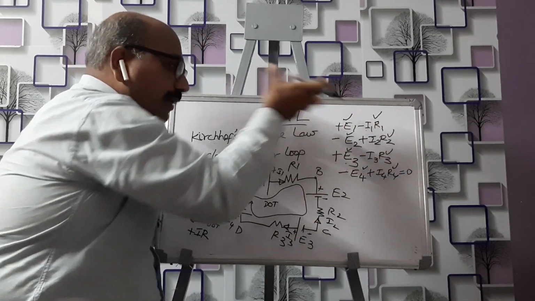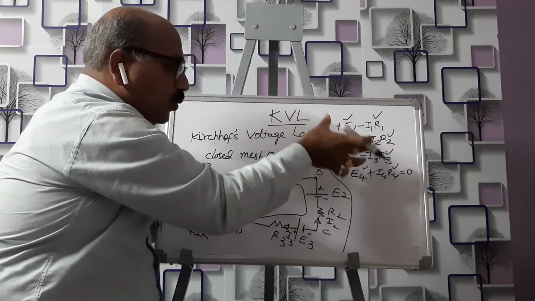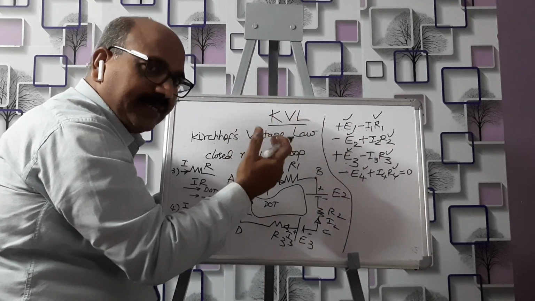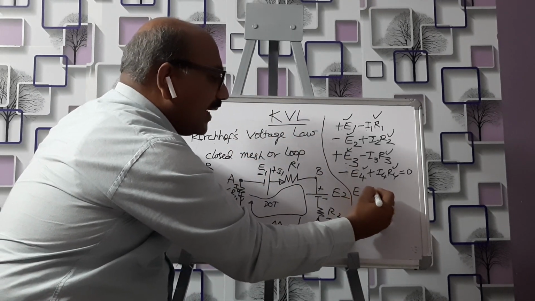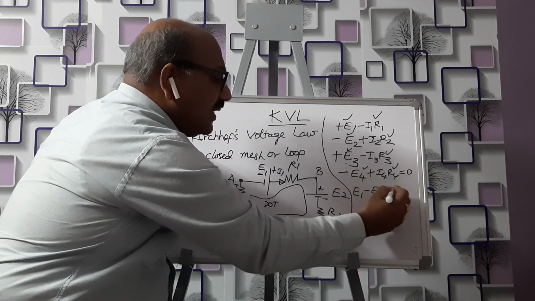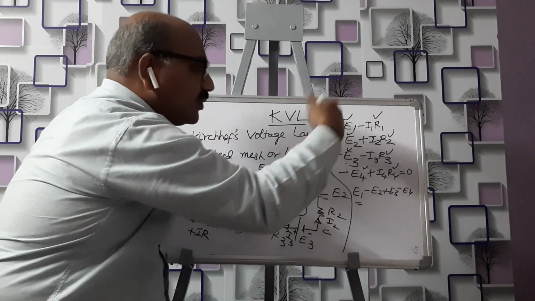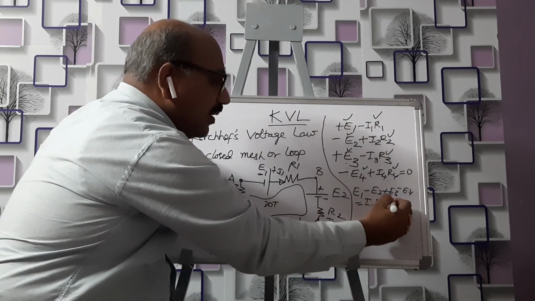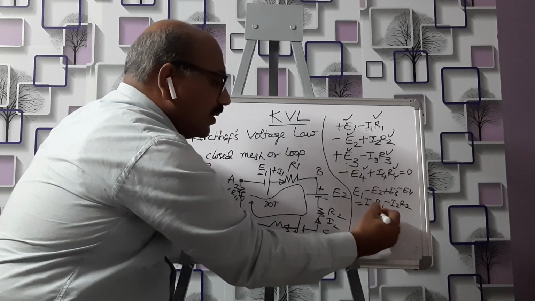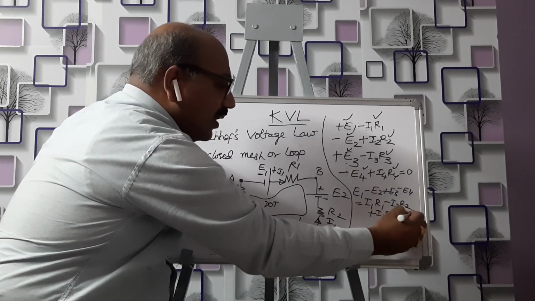Now we can simplify this. Write all the EMFs on one side: plus E1 minus E2 plus E3 and minus E4 equals, taking the drops to the other side, minus becomes plus: I1 R1 minus I2 R2 plus I3 R3 and minus I4 R4.